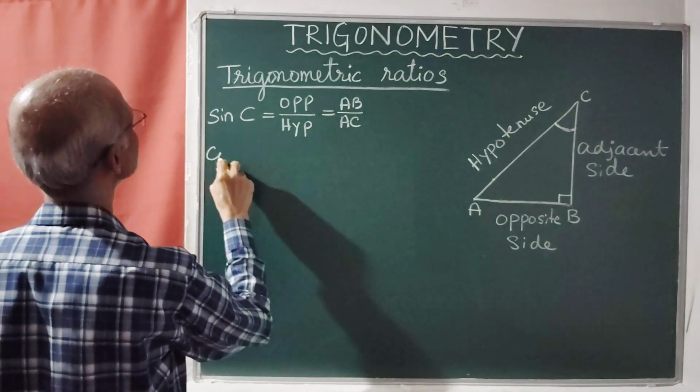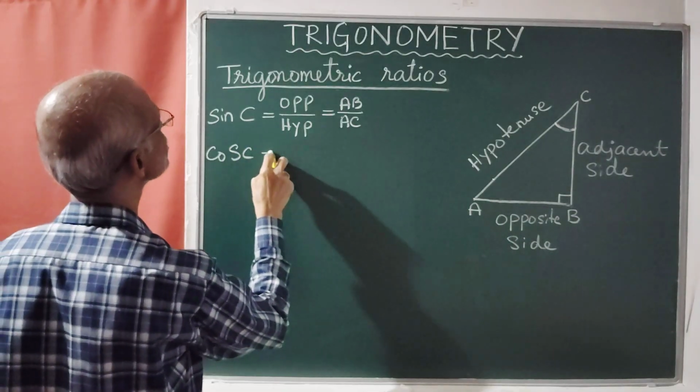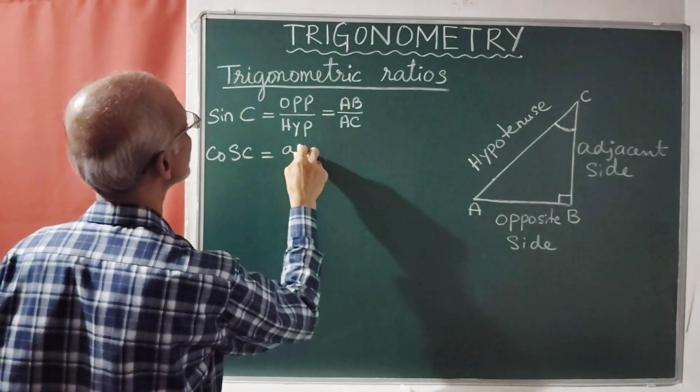Then cos C. Cos C is equal to adjacent by hypotenuse.